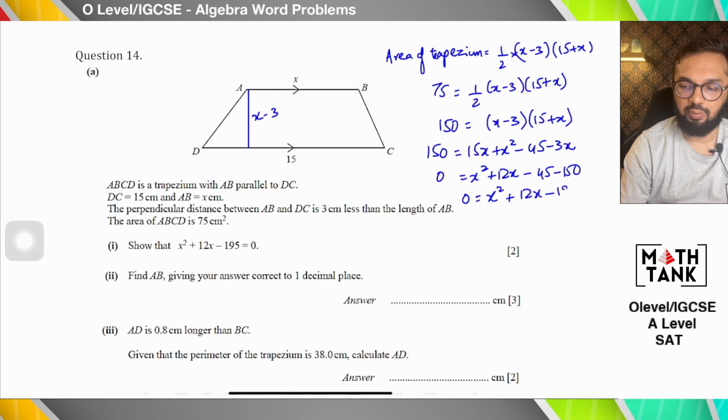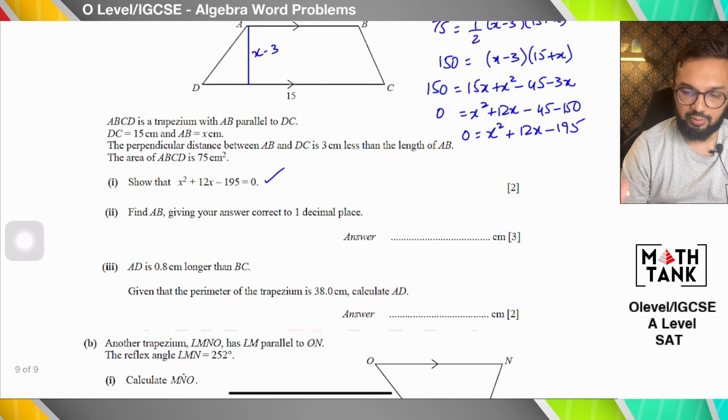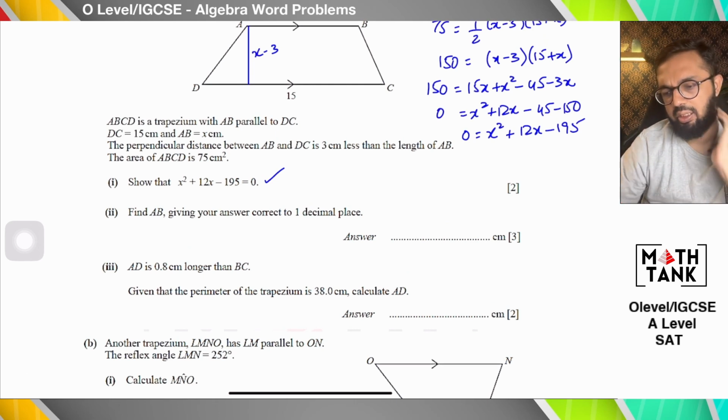Yeah, that is giving me the right answer. Find AB, giving your answer correct to one decimal place. I think that's a quadratic. I can solve that on my calculator quickly.